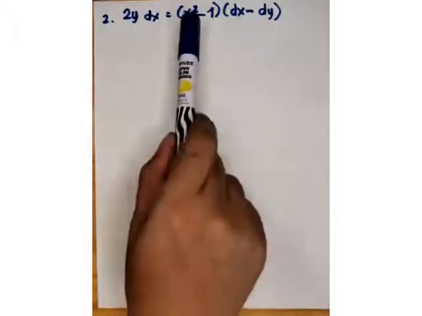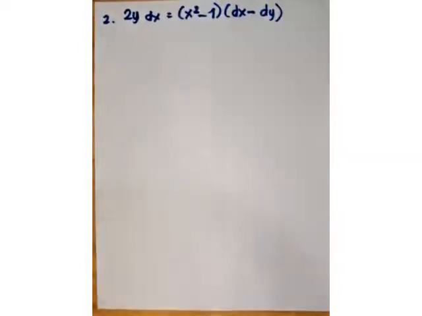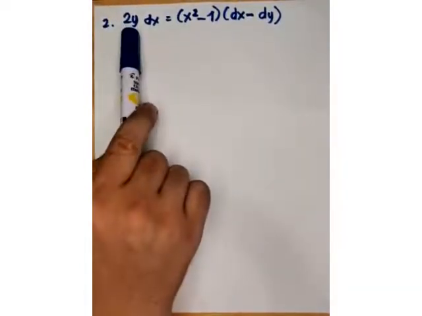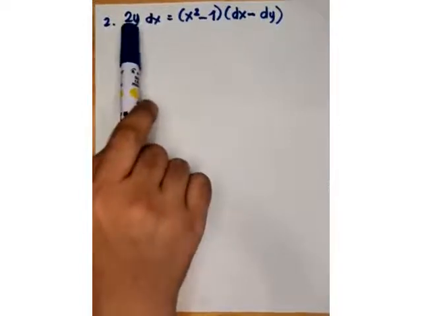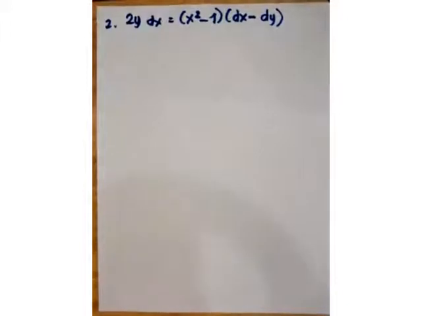Let's check. It is not linear in x because of the x squared. So our chance is y. Y is degree 1, and there's no dy term multiplied. So, therefore, it is linear in y.